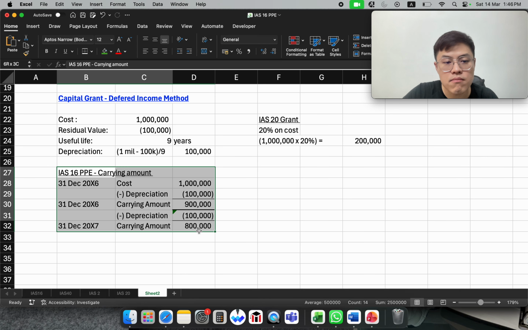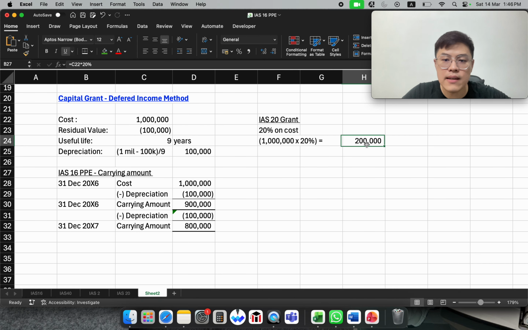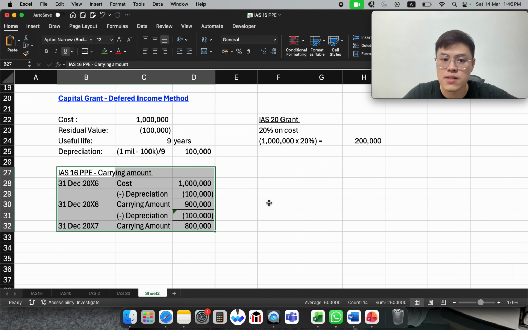So from these particular steps, you know the grant is not involved in these calculations.